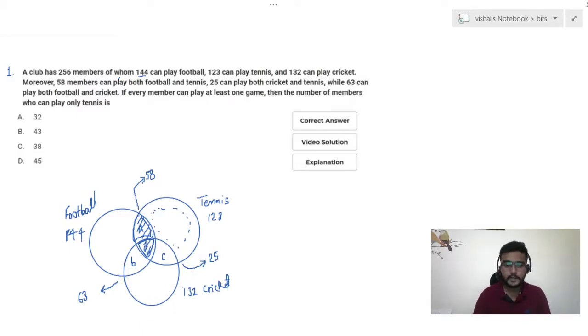A plus D is equal to 58. The second is C plus D is equal to 25. The third is B plus D is equal to 63. From here we can calculate the D term and substitute.